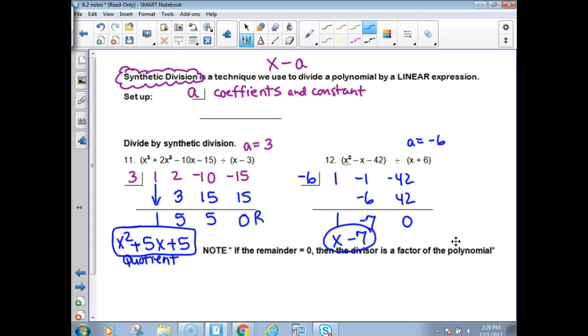So it would be in factored form. Of course, it'd be x plus 6 times x minus 7. That's factored. And over here, the other one, if we checked it out, x minus 3 is what we divided by, times the answer we got, x squared plus 5x plus 5.